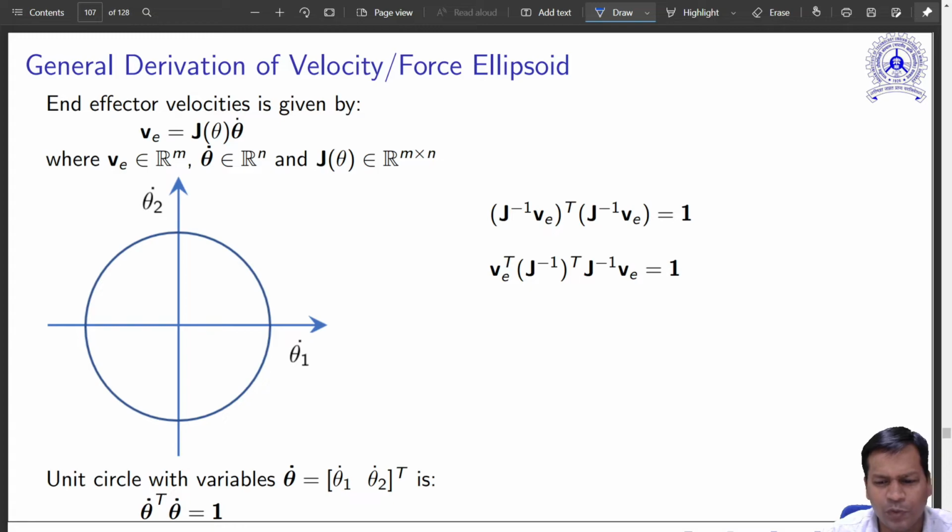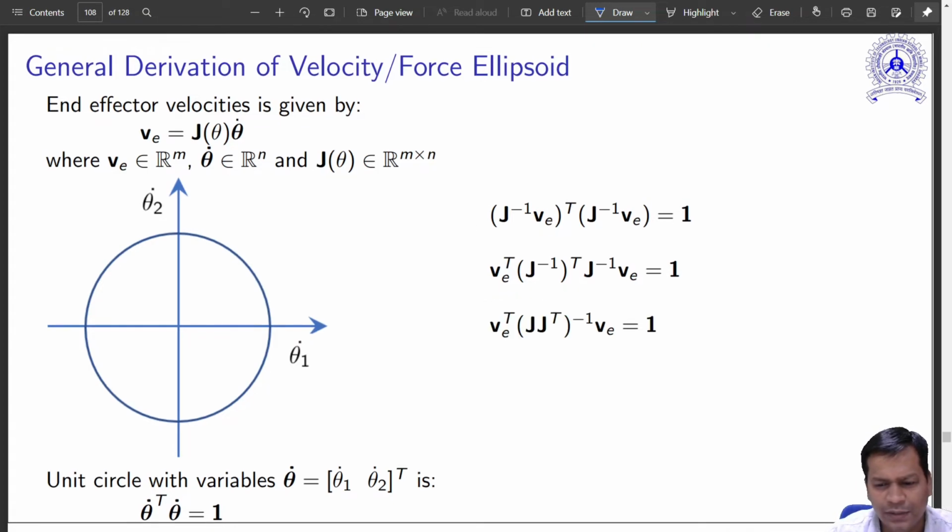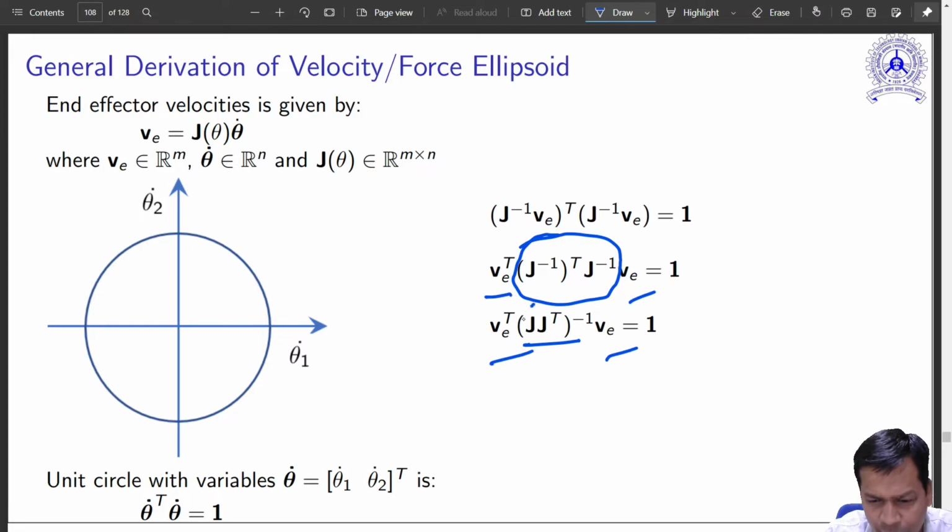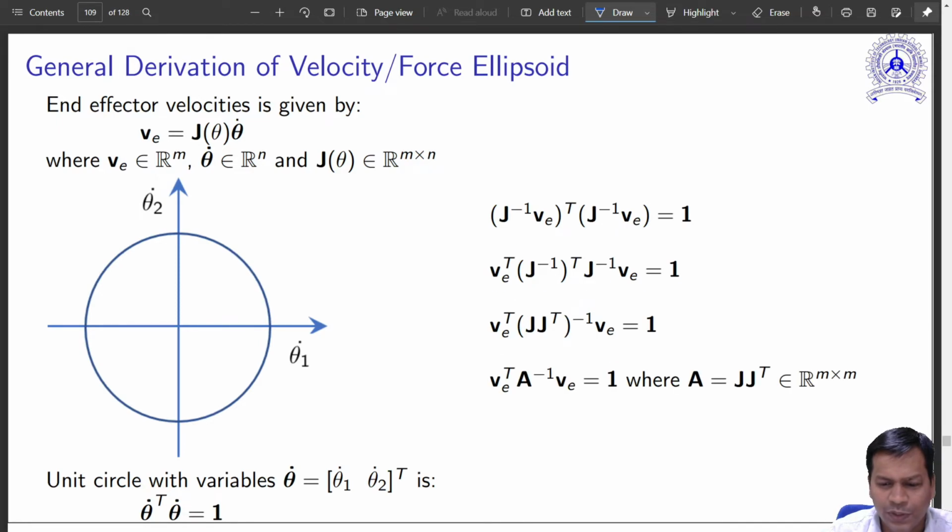Mathematically, if I keep moving like this with the transpose, then I can club these two inside. These are some linear algebra terms that I am just doing. So V transpose VE. Now what is this term? If I take this as a separate entity, that is A, what is this?